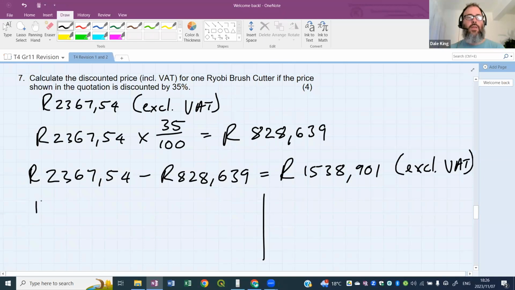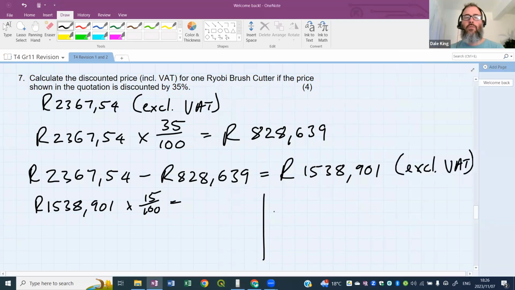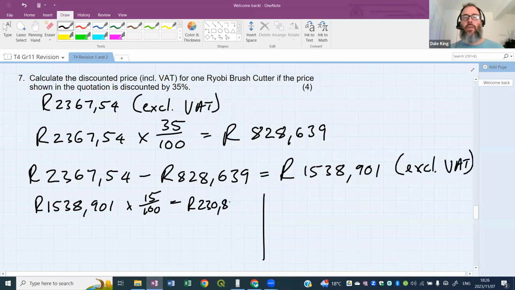We take 1538.901 and work out 15% of it. I'm just going to times this on the screen by 15%, and then we'll add the VAT back on. So that's 230.83515. That is the VAT.